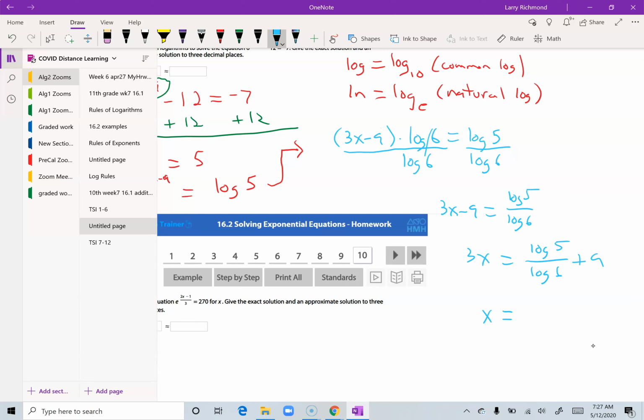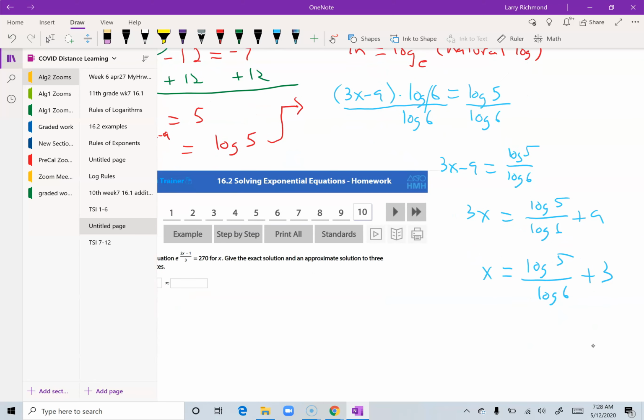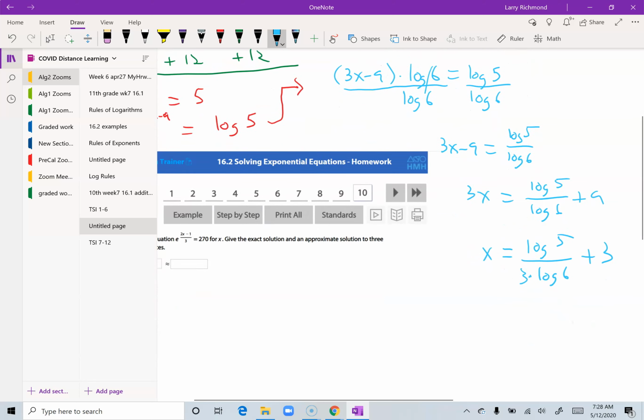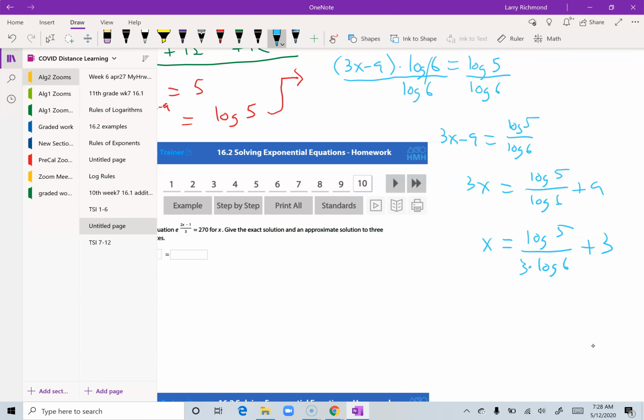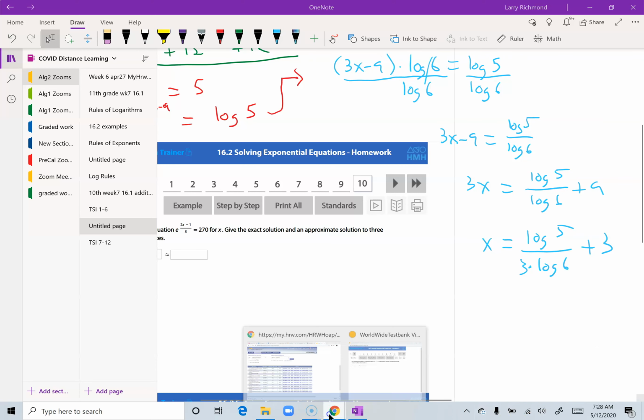X is equal to, you can divide both of these terms by 3 or the whole side. Dividing both of them by 3 would be log 5 over 3 times log 6, and then 9 divided by 3 is 3. And at this point, you could use your calculator to evaluate this. Just simply go into the calculator and you'll find it's approximately some value. Let's take a look at what that would be.